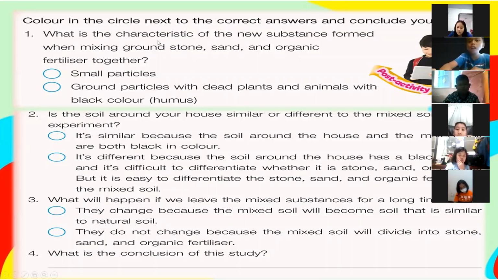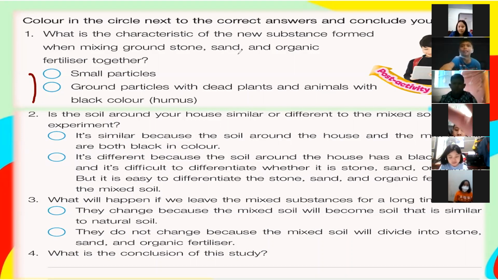What do we learn here? The characteristics of the new substance form when mixing ground stone, sand, and organic fertilizer together.